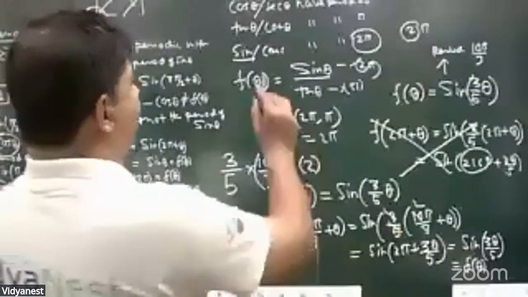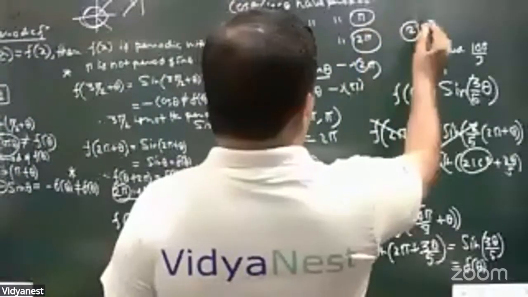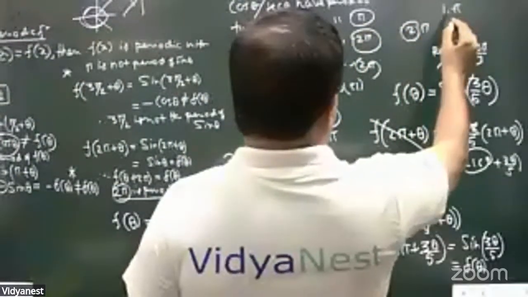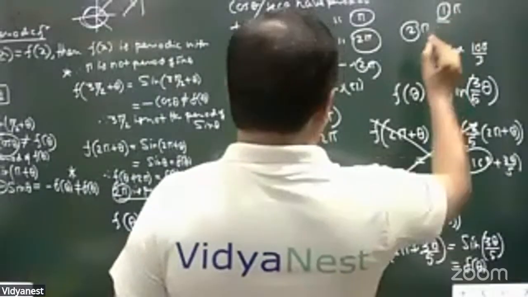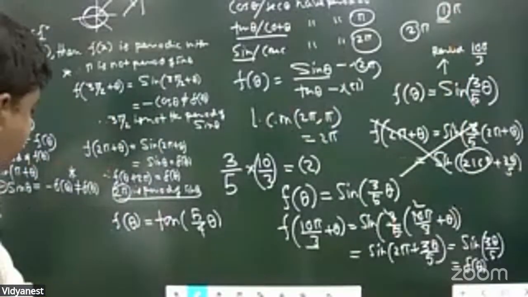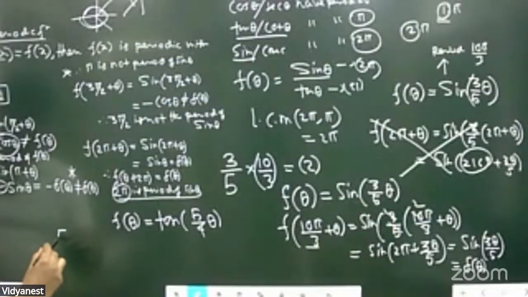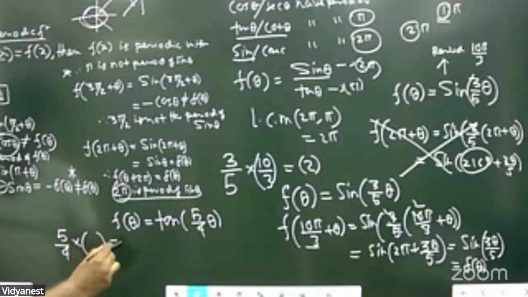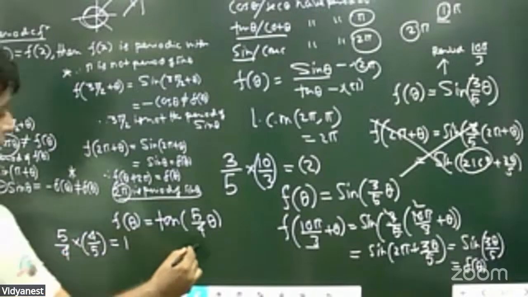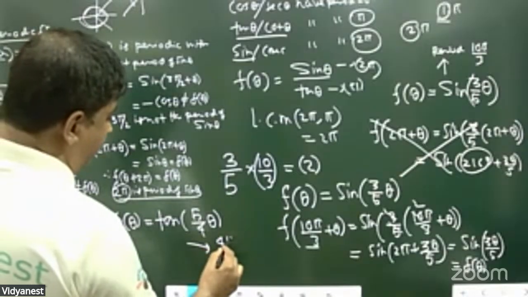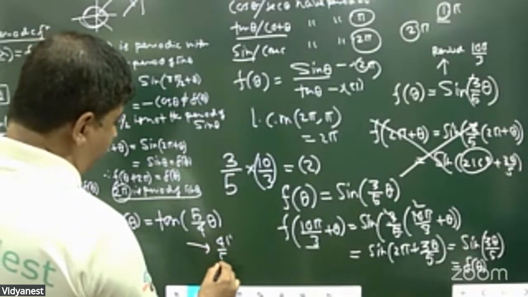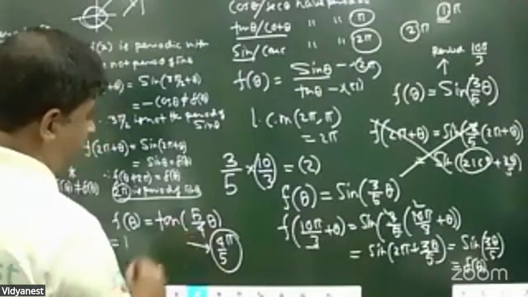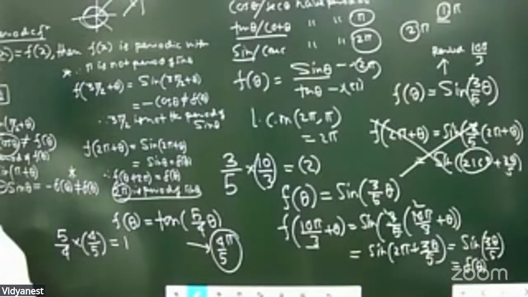Now, in the case of tan, the period is π. With π, what is appended? 1. With 5/4, what is to be multiplied to get 1? 4/5. So its period is 4π/5. Understand? Yes, sir. Got it.